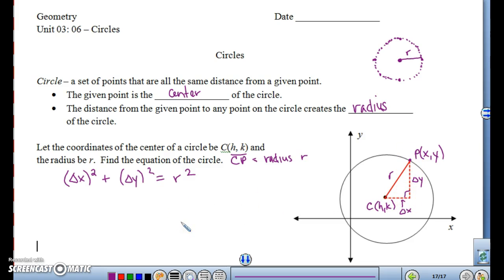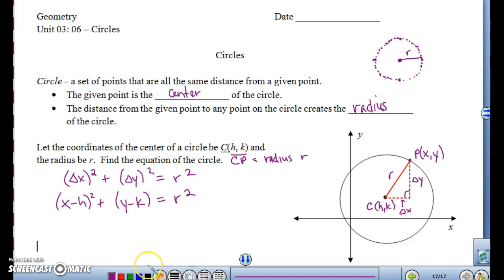All right, now using the actual values, what is the delta x? Well, let's see. Delta x is x and h, so x minus h. And then delta y would be y minus k. And that equals the radius squared.